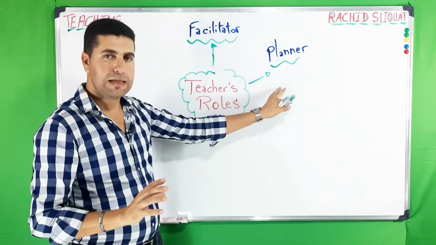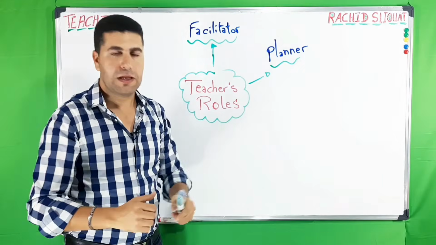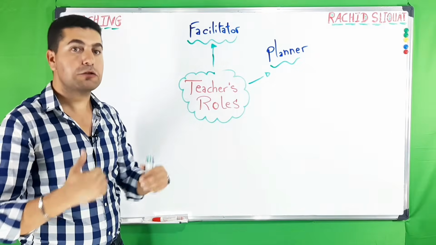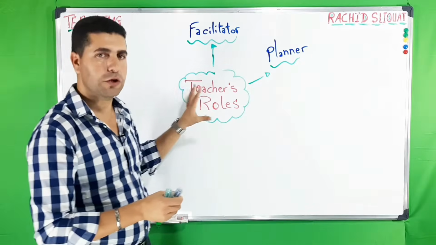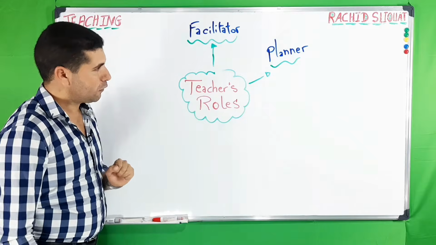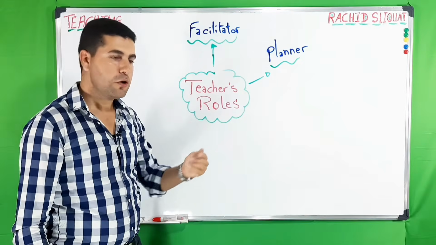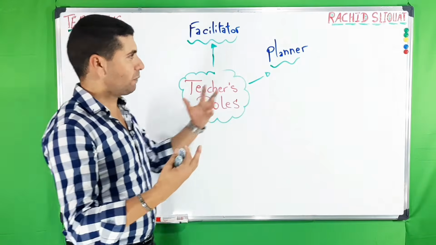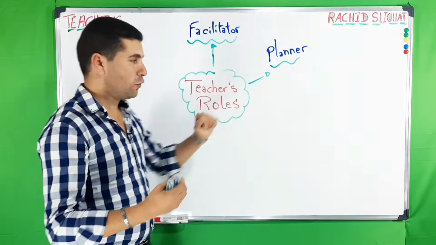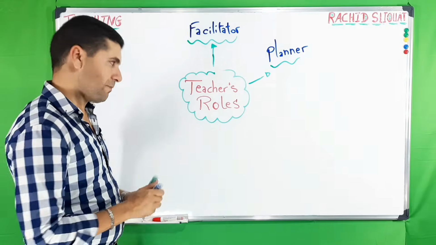So planning helps you to finish the lesson and to help students learn. Okay, so planning is very important for a teacher. All right, so this is why actually in the teaching profession we talk about something like lesson planning. Okay, lesson planning. So this is another role. Number 2, the planner. So you are a planner.